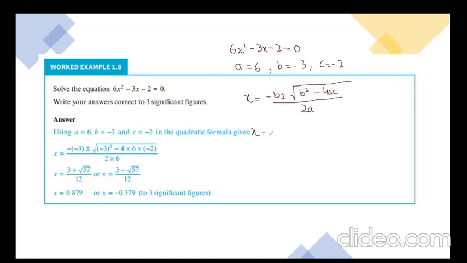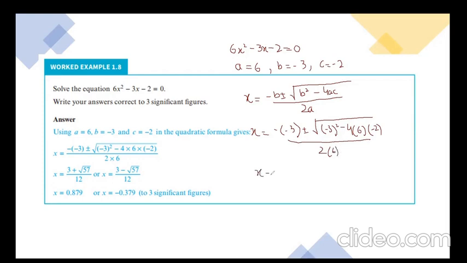So x equals to, b is -3, plus minus, b square is -3 whole square minus 4 a and c, divided by 2a, 2 times of 6.